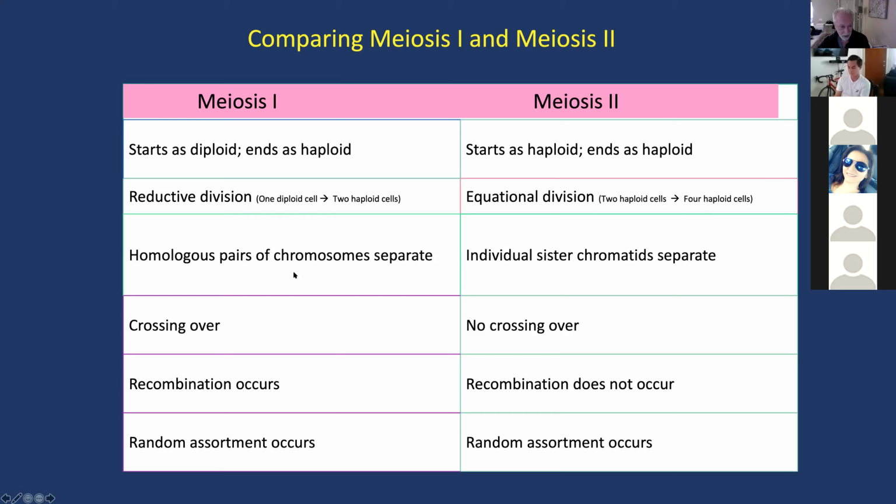In meiosis 1, the homologous pairs of chromosomes separate. In meiosis 2, the individual chromatids separate. In meiosis 1, crossing over occurs, and as a result, recombination occurs. In meiosis 2, there's no crossing over, no recombination.